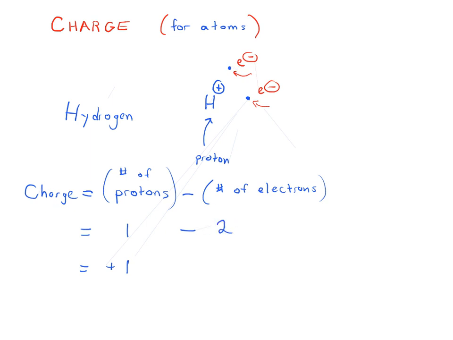So 1 minus 2 gives us a charge of minus 1. So if we've got 2 electrons around our proton, then we're going to have a charge of minus 1. Sometimes we write this as H minus.